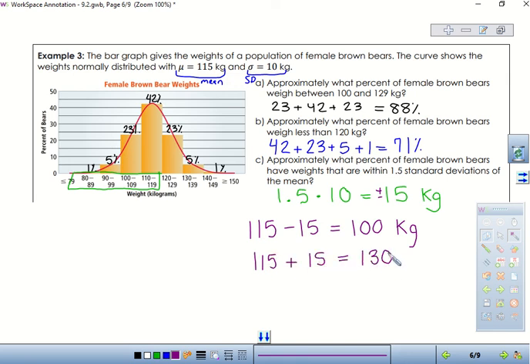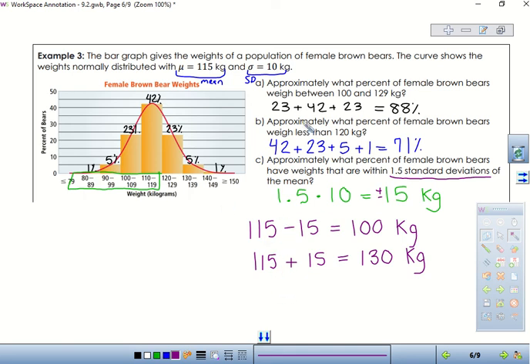So why are you multiplying it by 10? 10 is the standard deviation. Oh, okay. So we're taking the standard deviation and adjusting it to be 1.5 of that amount. So I'm taking 1.5 of the existing one. Oh, so that got you 15. Correct. And then you add and subtract it from the mean like we did on the other charts.